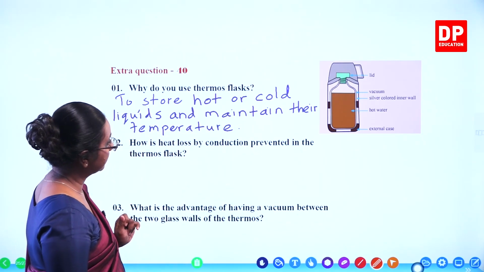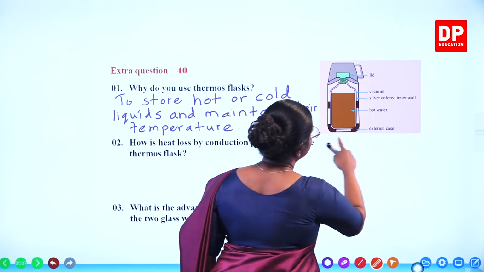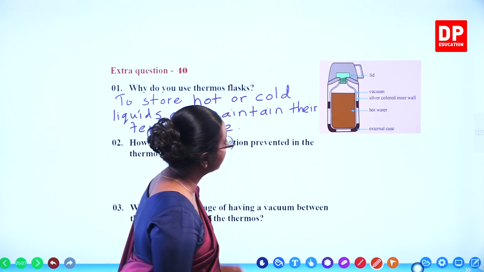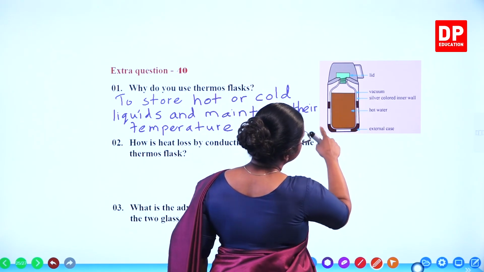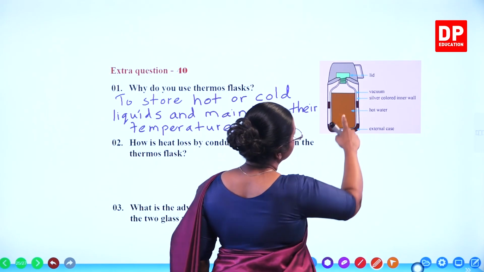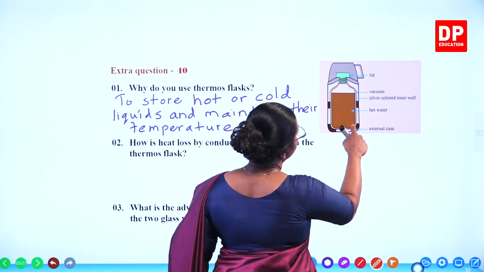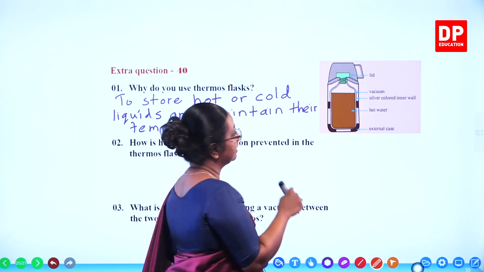Then the second one. Before we go to the second question, students, you can see the picture here. That is the diagram where you see the thermos flask. You can see there is a lid there. Then there is the thermos area, that is this one. In that there is hot water. And you can see the silver colored inner wall and the vacuum space between the two walls as well as the external casing.